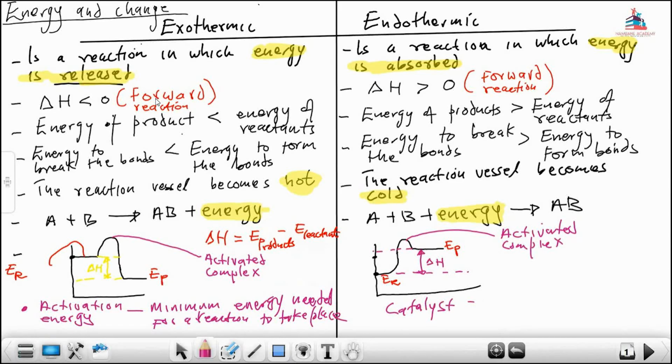And now we have another key important word. What is now a catalyst? Anyone? Catalyst, ladies and gentlemen, what is a catalyst?